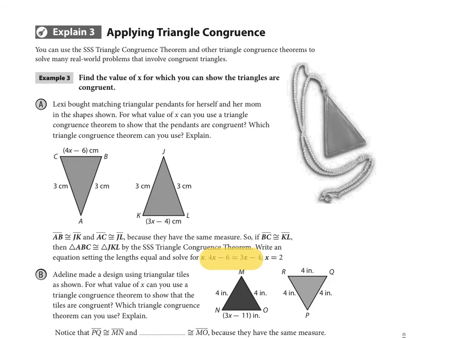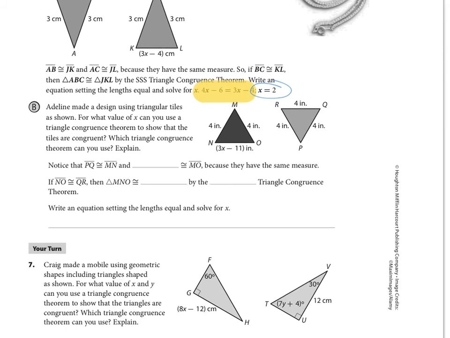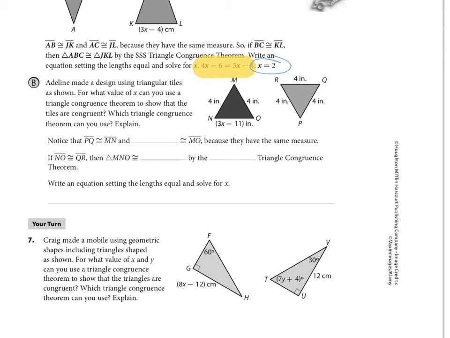for our final answer. In the same idea with part B, we have another triangular tile design here, and we want to know what value of x lets these triangles be congruent by some triangle congruence theorem, and what would that be?